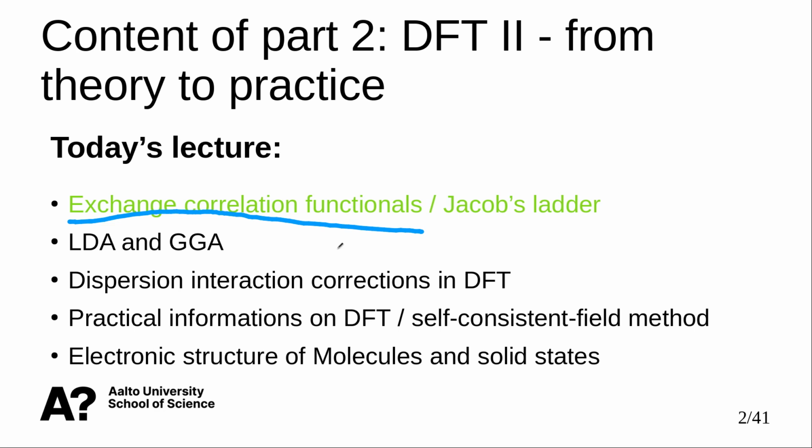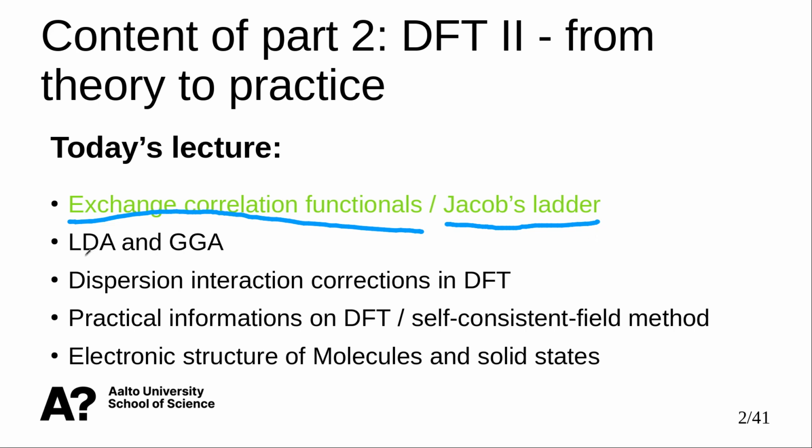In that sense we will also discuss the concept of Jacob's ladder, which gives us a picture to describe various exchange correlation functional methods, because they differ in their chemical accuracy but also in the computational costs.